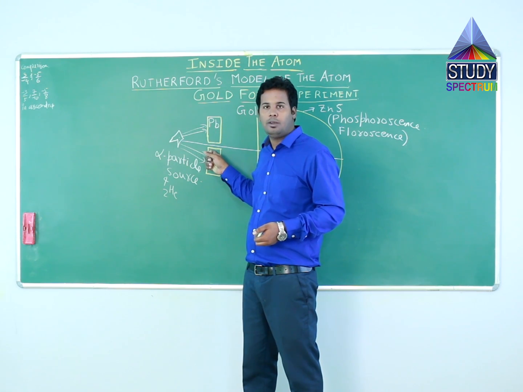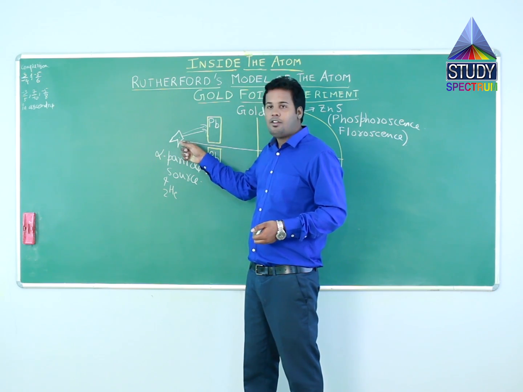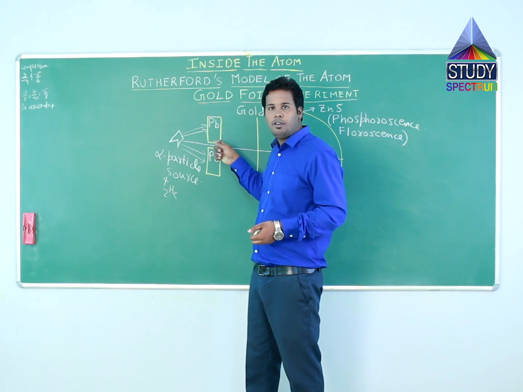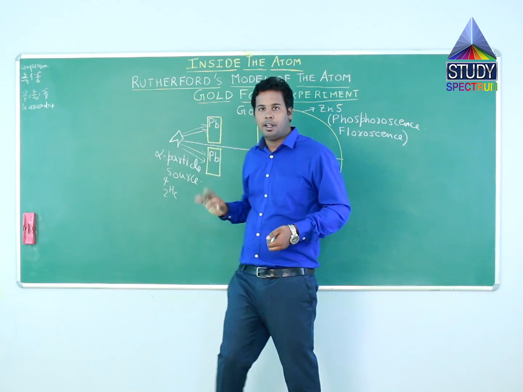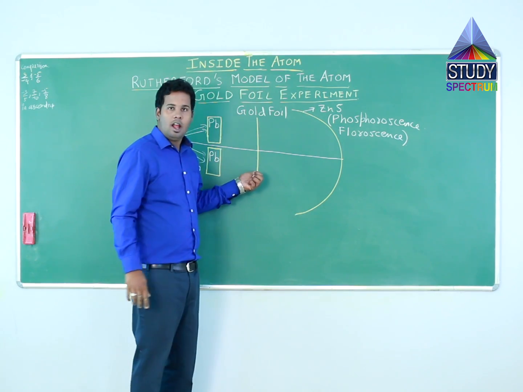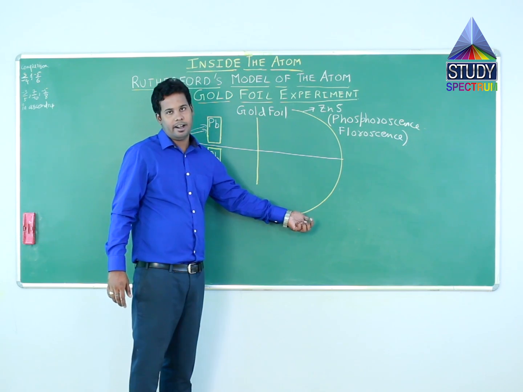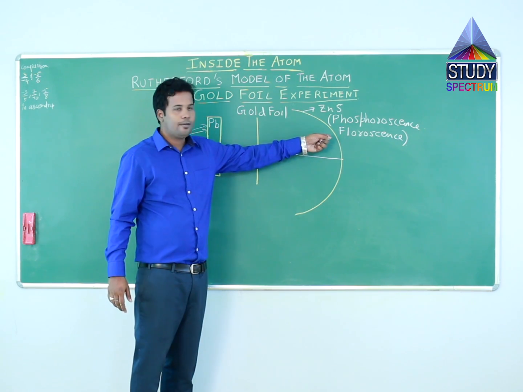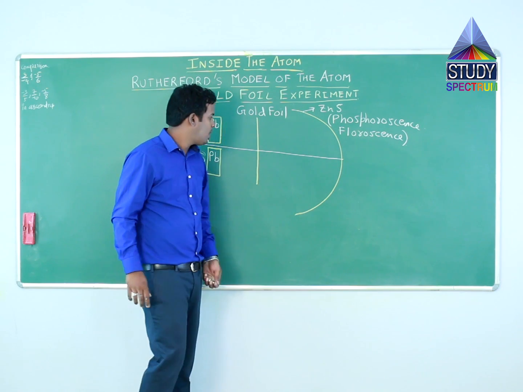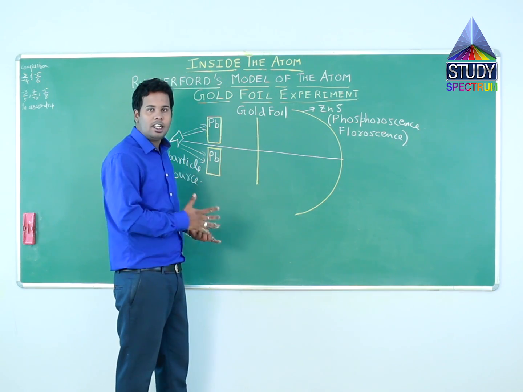Because it will absorb the randomly scattered alpha particles. It will only allow alpha particles to pass in a straight line through the gap between the lead bricks. He used gold foil and he used a circular screen coated with zinc sulfide, ZnS, because it has the property to show phosphorescence and fluorescence. Now, this was the setup.